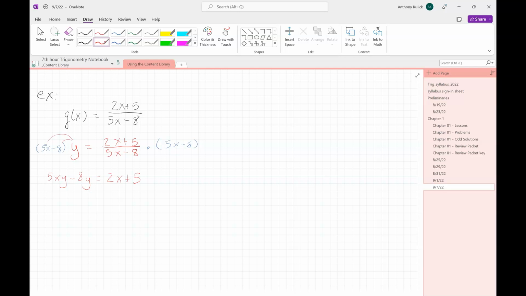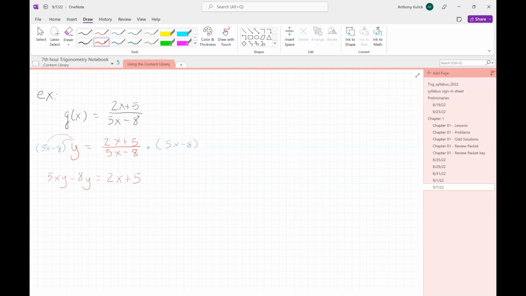What should I try to do next? I still have the same problem I started with, though, right? Is that I have x in more than one place. Everybody agree? We're trying to get the x by itself.